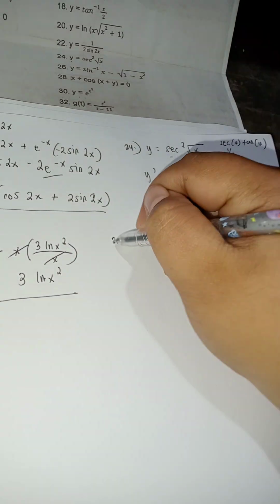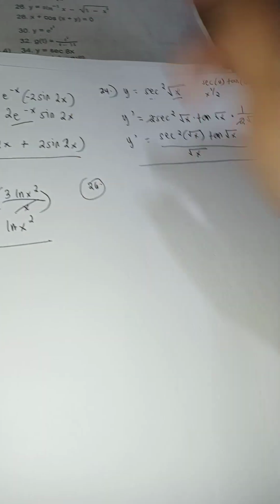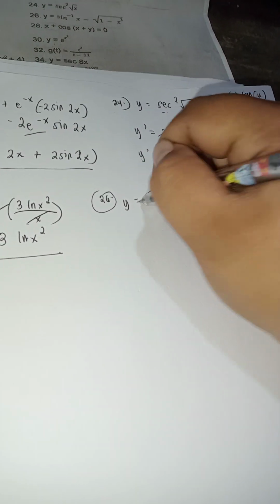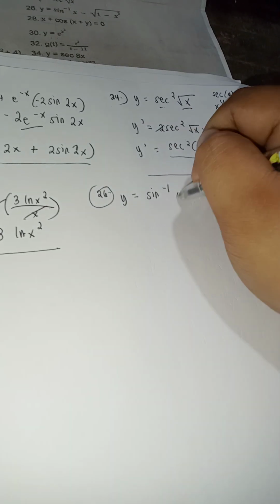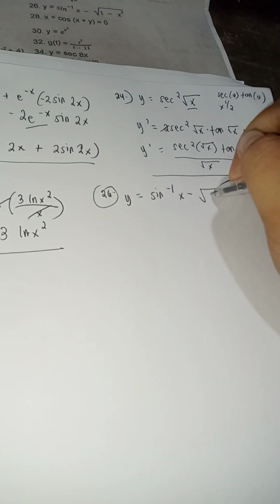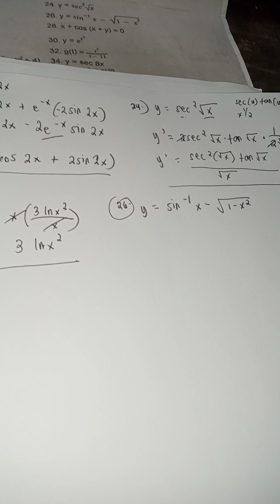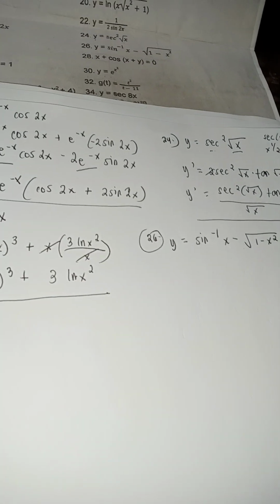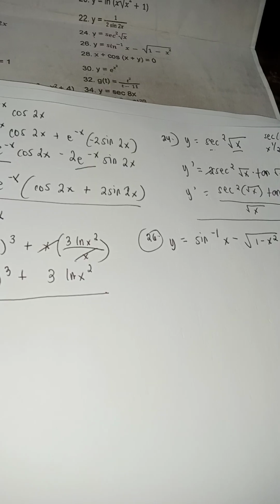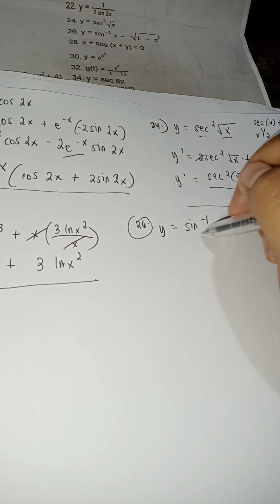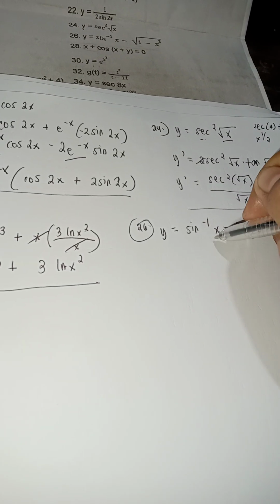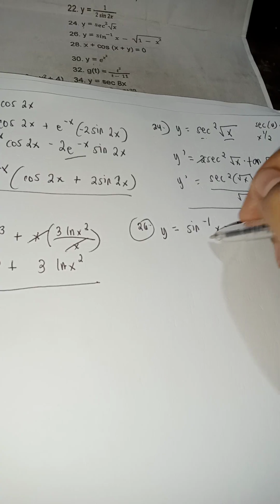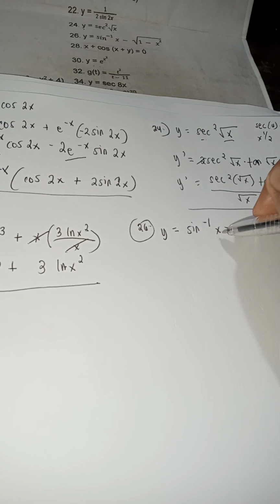Number 26. We have here y is equal to sine inverse x minus the square root of 1 minus x squared. We are going to differentiate each term. Differentiating sine inverse x results in 1 over the square root of 1 minus x squared.